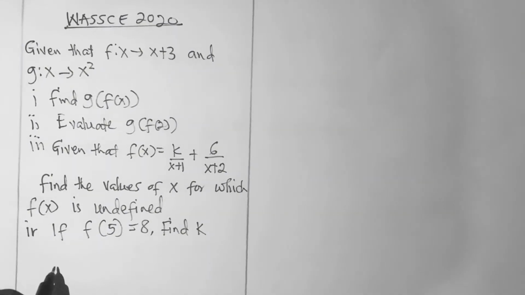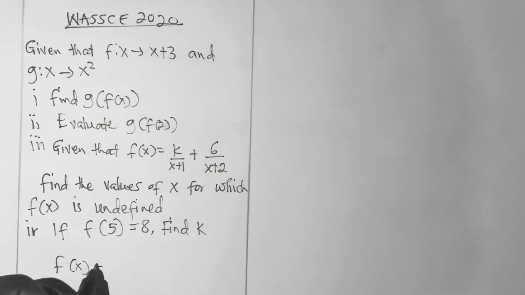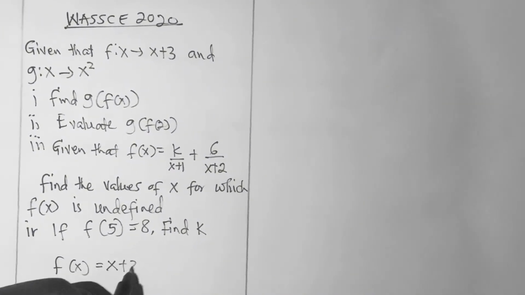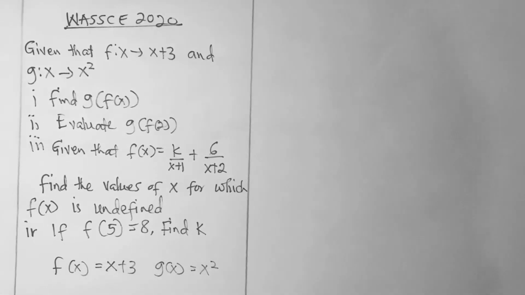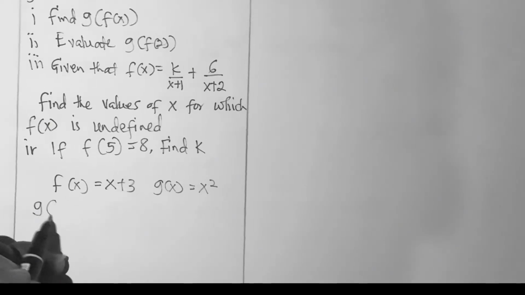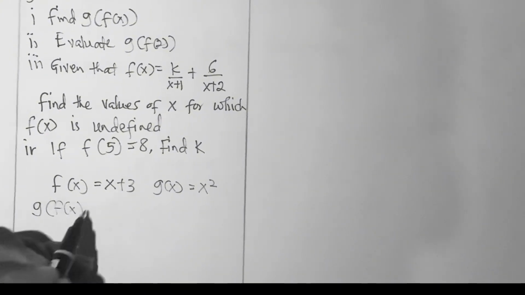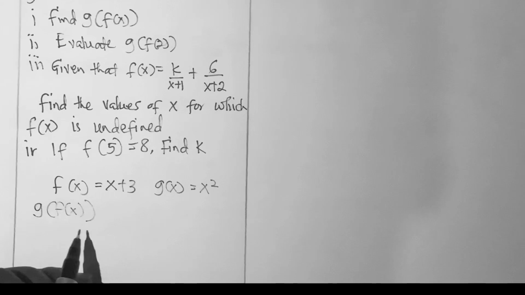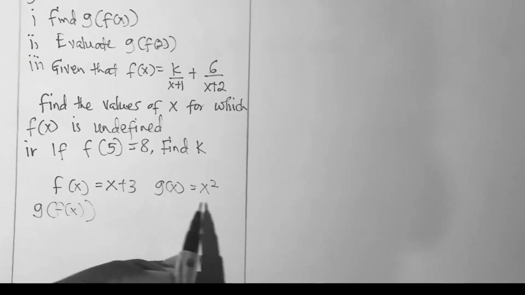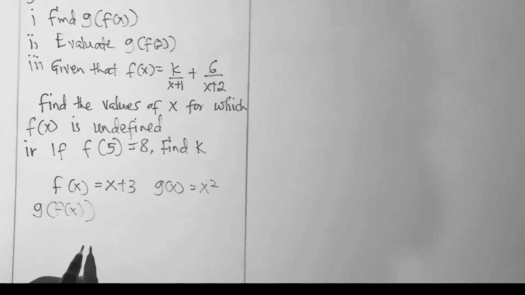So first, we know that f of x is equal to x plus 3, and g of x is equal to x squared. So we are supposed to find g of f of x. What this means is that wherever we see x in g, we should put f of x.